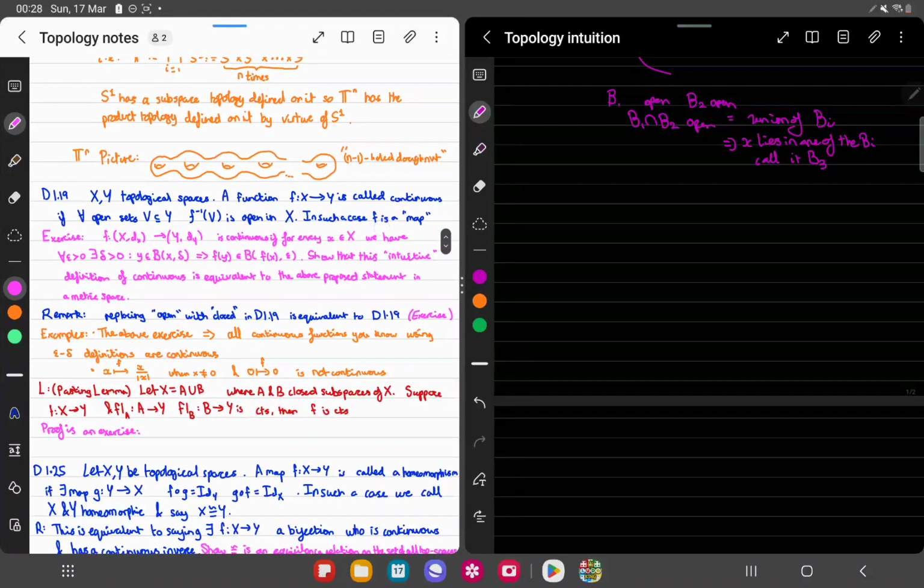So X and Y are topological spaces. A function is called continuous if the pre-image of open sets in the second space, Y, is open in X. In such a case, we say f is a map.